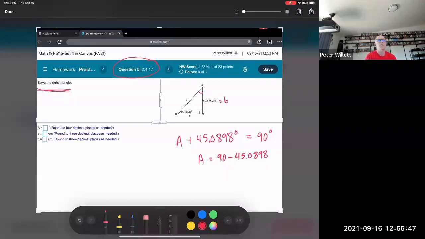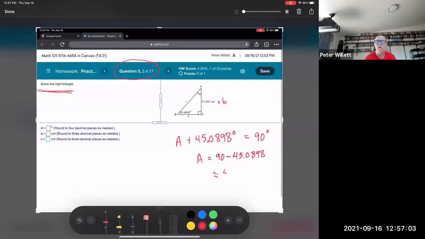And so I'm just doing this on a calculator. I have 90 minus 45.0898. So I get that this is 44.9102. And again, these are in degrees.